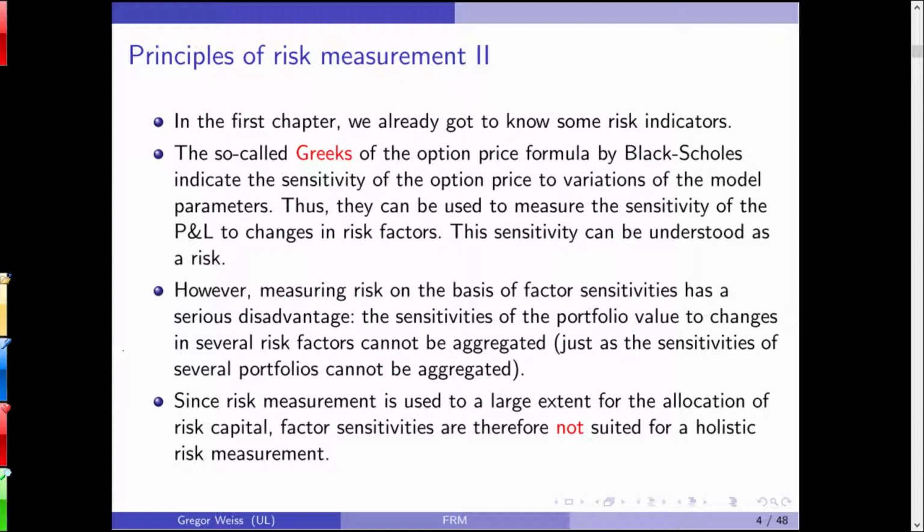So for example, the option delta is the first derivative of the option price function with respect to the underlying price, the stock price. Meaning that these derivatives give you the sensitivities of the prices with respect to changes in volatility, interest rate, or the risk-free rate to be precise, the stock price, and so on.